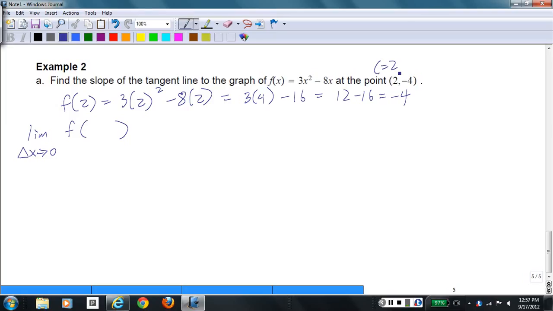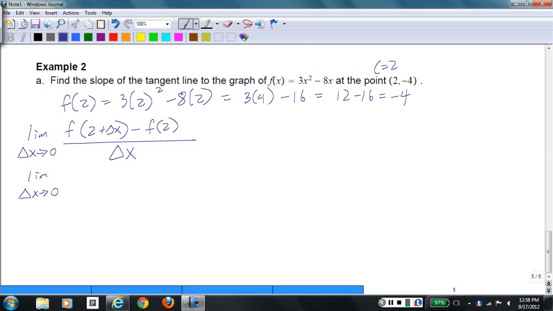Sometimes it's a different number, but in 2 out of 2 cases, c has equaled 2. 2 plus delta x minus f of 2 all over delta x. So the limit as delta x approaches 0 is more work when it's quadratic.